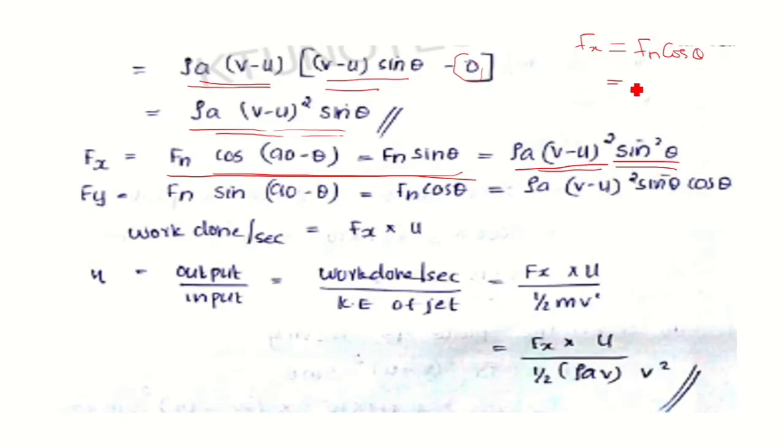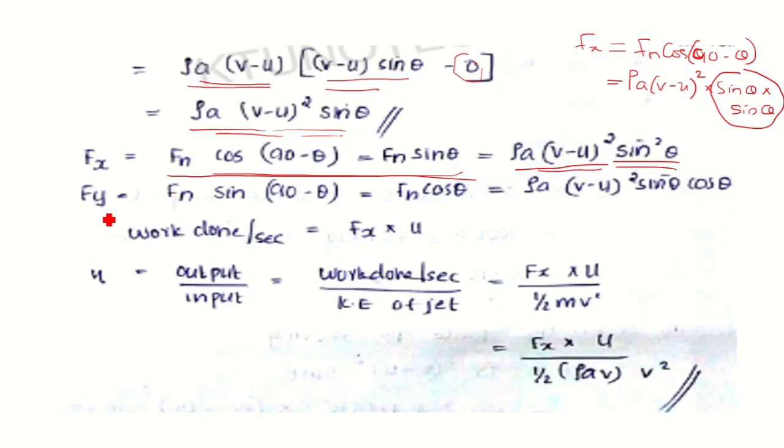We know that F of n is rho a v minus u whole square into sin theta, and this is 90 minus theta, so it becomes sin theta. Rho a v minus u whole square into sin theta into cos 90 minus theta, which is sin theta. So the final term will be sin square theta, and the equation becomes rho a into v minus u whole square into sin square theta.